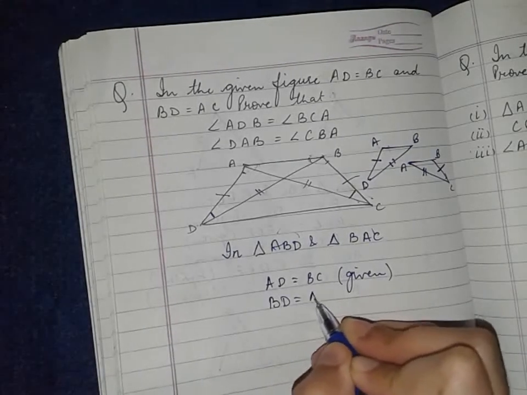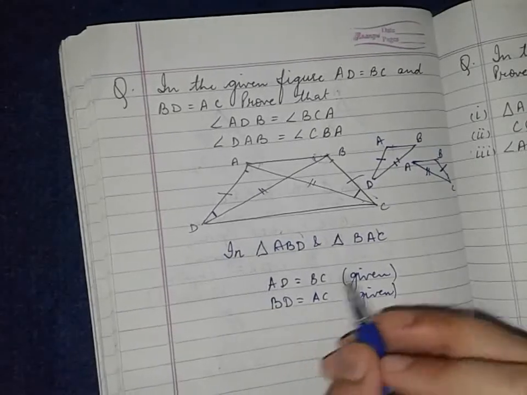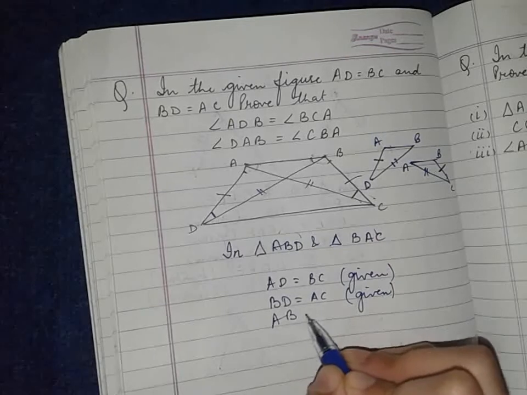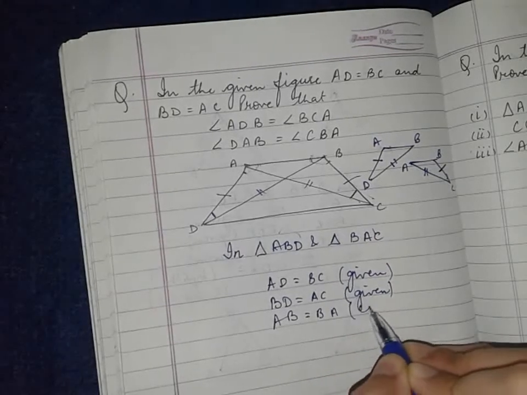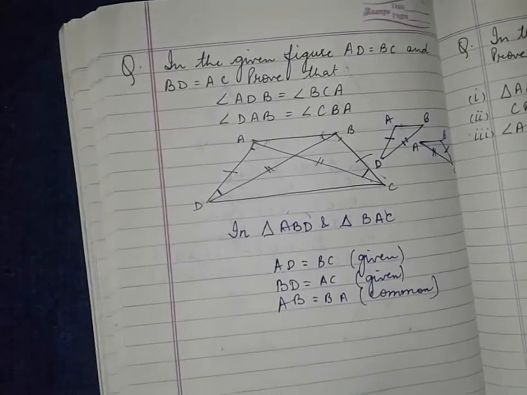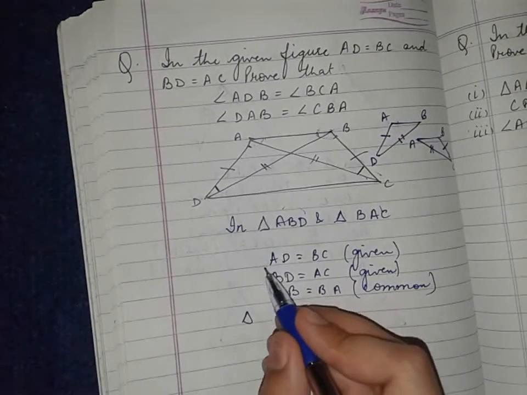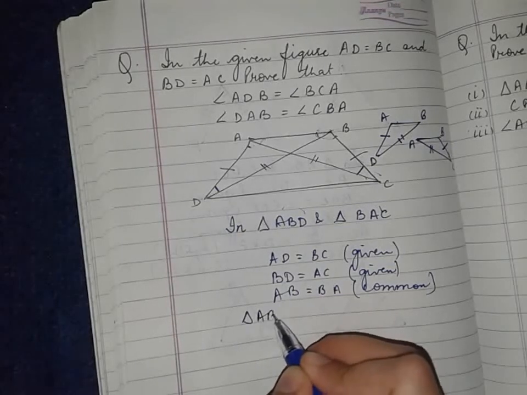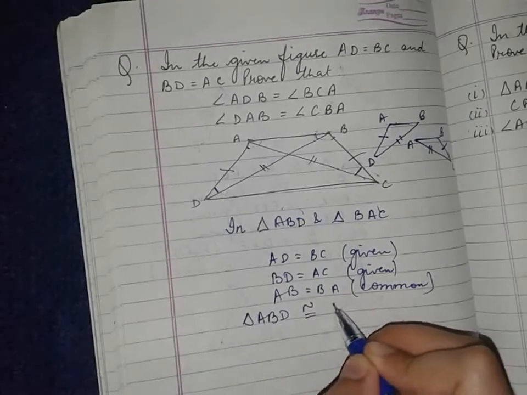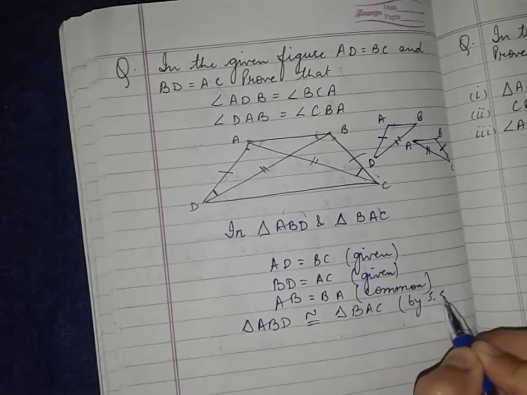BD is equal to AC. Reason: given. And what else? AB is equal to BA. Reason: common. They are common. So we have got three sides equal. So triangle ABD is congruent to triangle BAC by SSS.